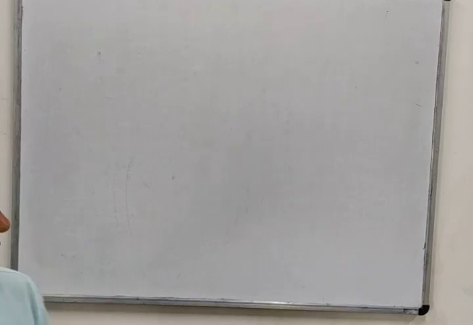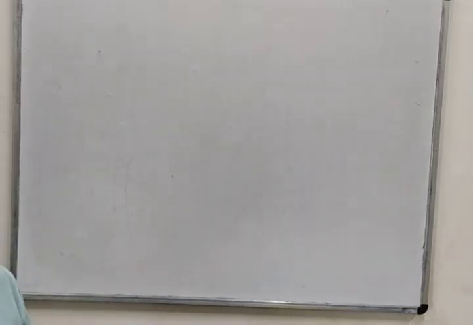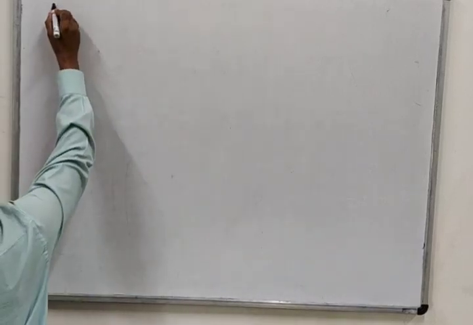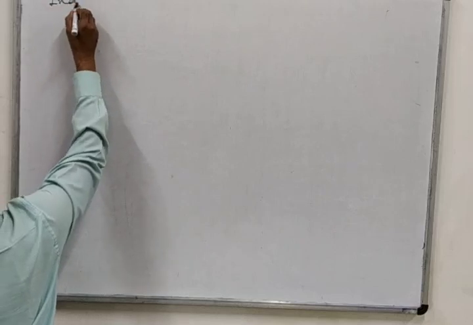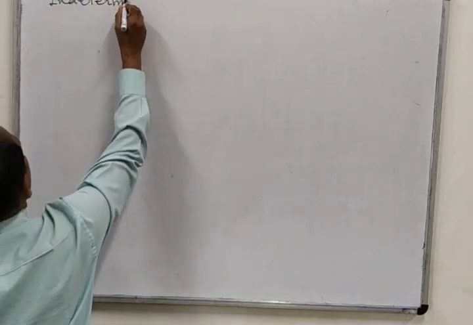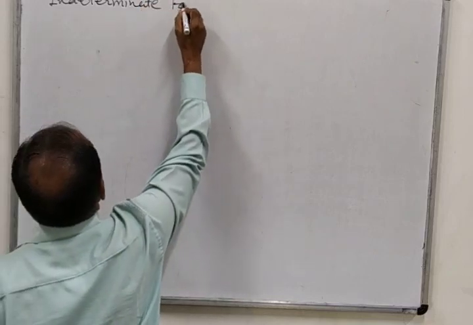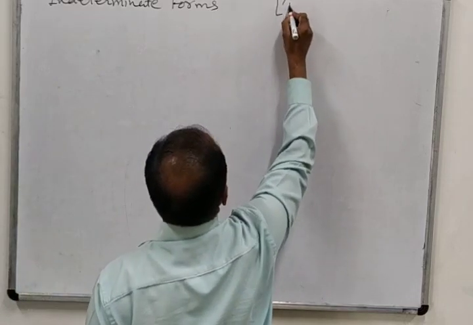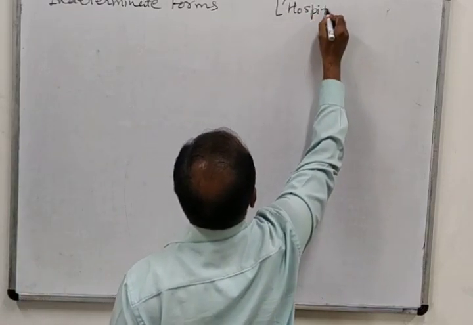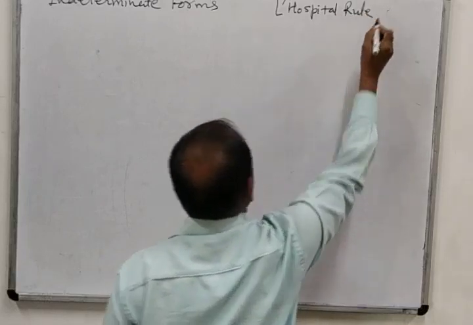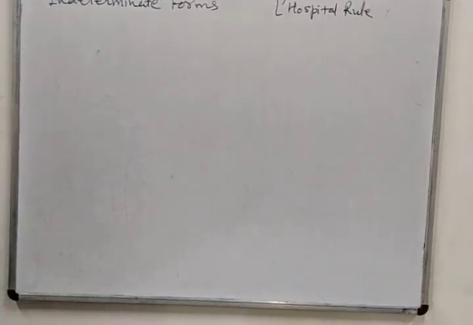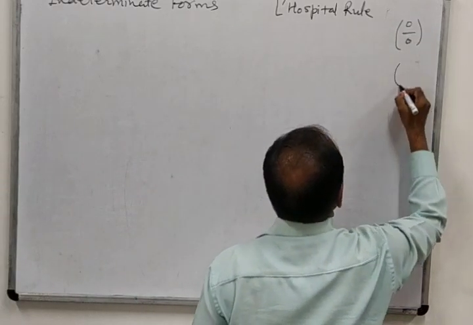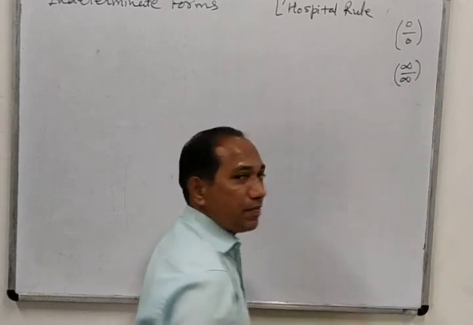So, students, last time we have seen about the topic of indeterminate forms, in which we have used L'Hopital rule, and there we have seen two types of the indeterminate form, 0 upon 0 and infinity upon infinity.